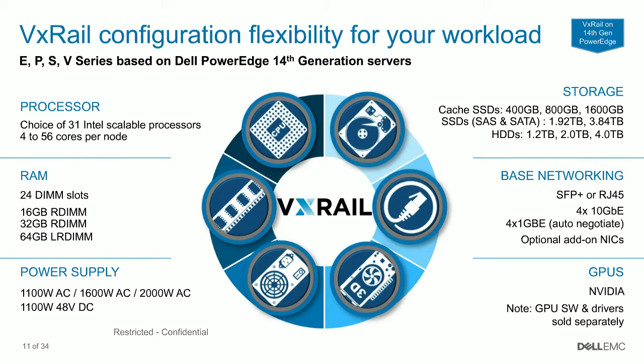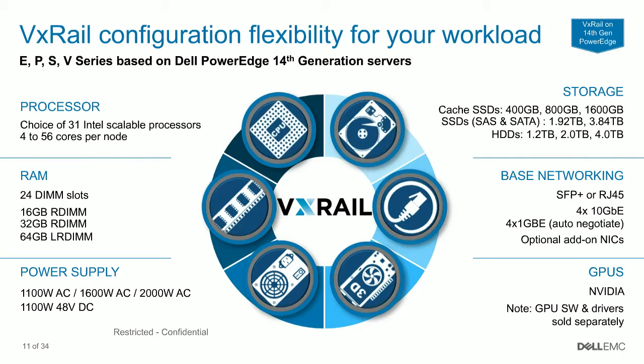Storage options, which is new to 14G, is that there will be SATA-based disks available. Traditionally we just had SAS-based SSDs, but now we'll have SATA options as well. Networking, SFP or RJ45. The default is 4 by 10 gigs, the Intel X710s.